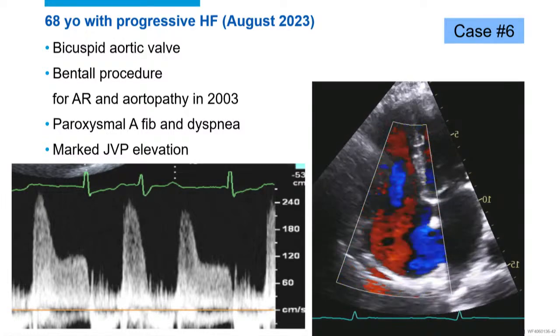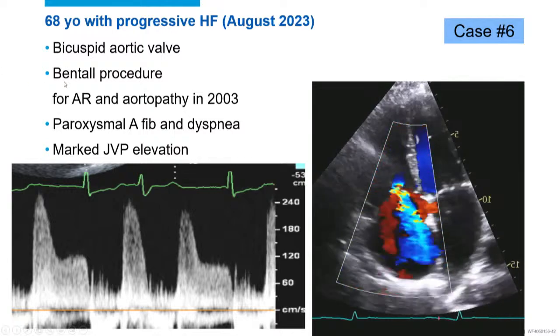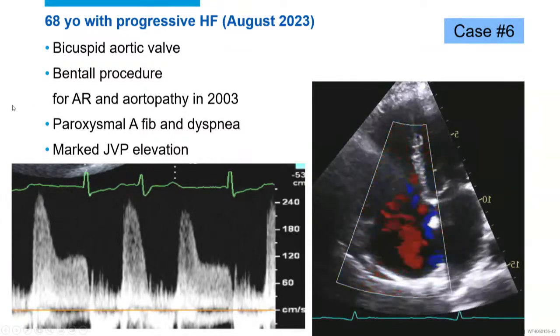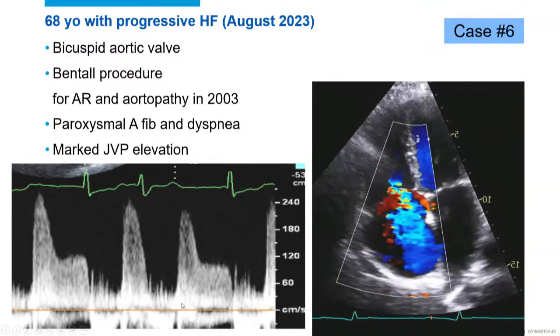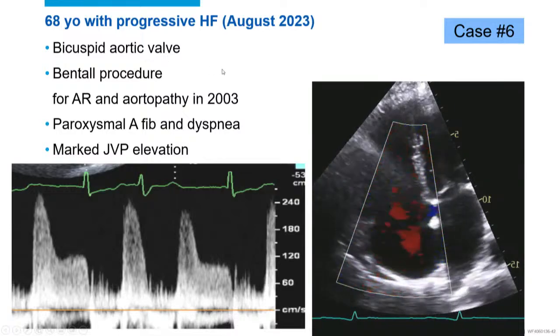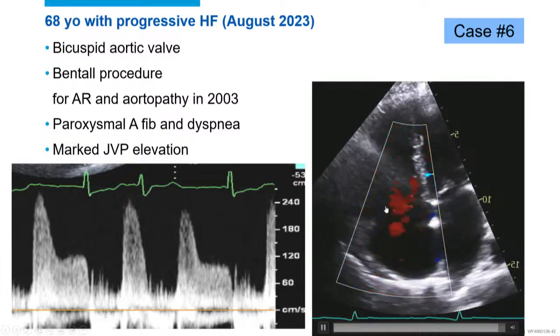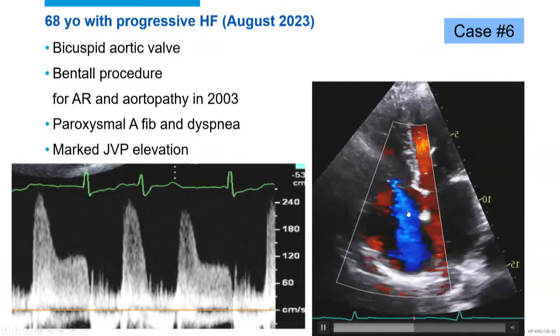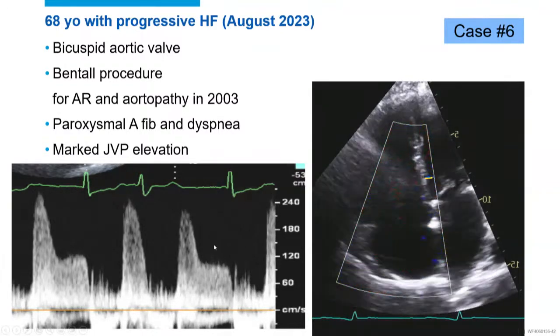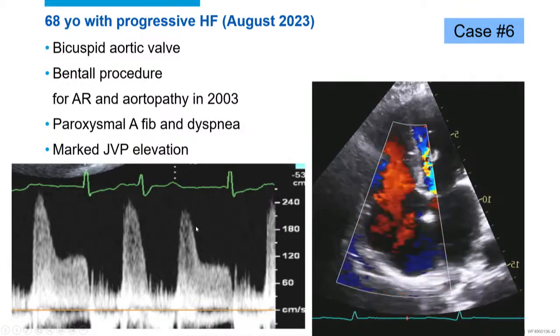Zaghi will appreciate here, because this is a very abnormal pulmonic regurg Doppler, because it's very, very sharp. This patient, after a Bentall procedure, is now quite short of breath with paroxysmal AFib, and this is a significant TR. Tricuspid regurgitation may be able to show this because of the significant RV diastolic pressure change.